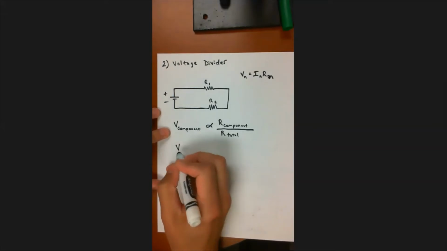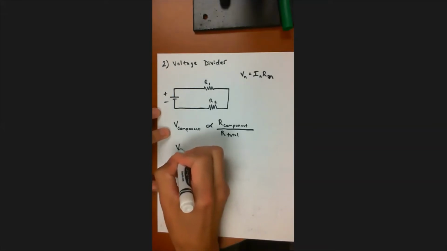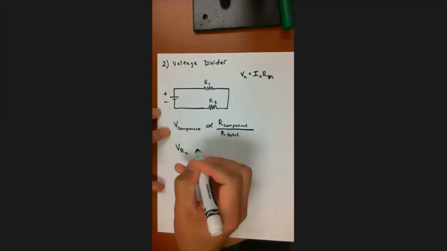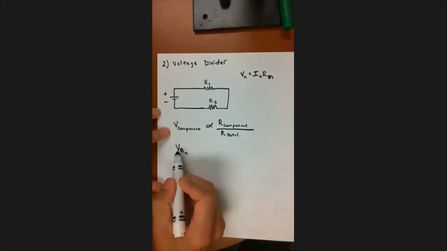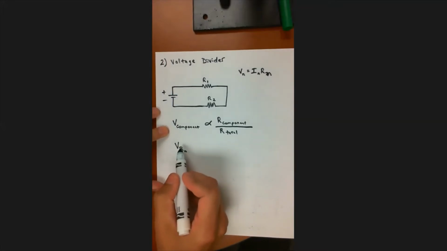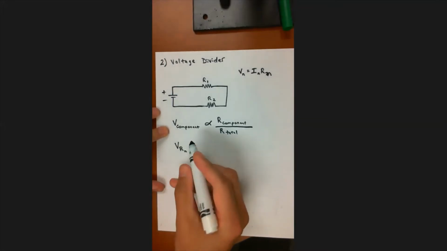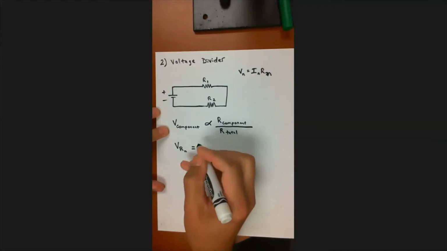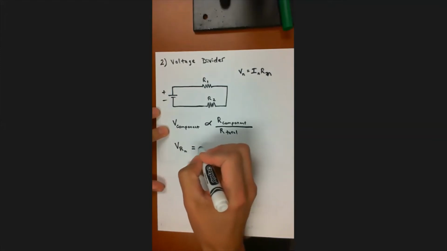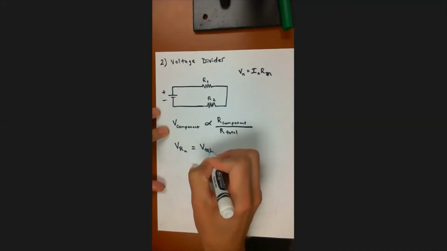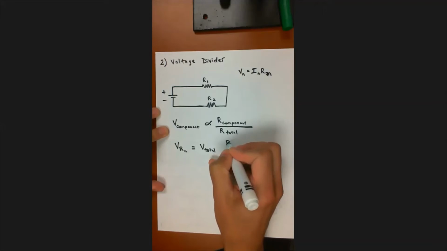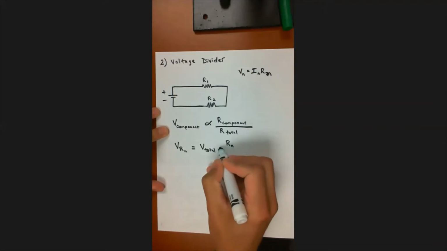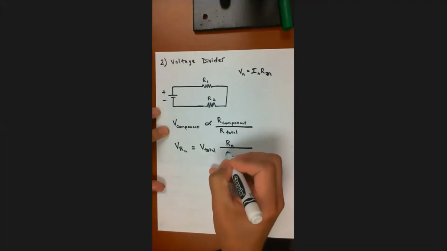I'm going to write it like this. The voltage drop across resistor n, so that's a subscript with a subscript, but no big deal, is equal to V total times this ratio of the resistance of component n divided by R total.